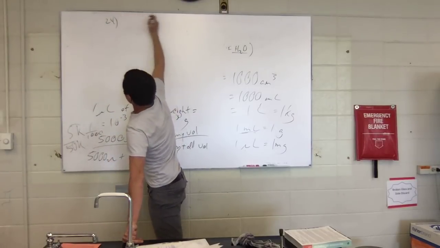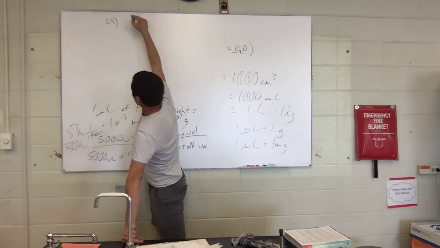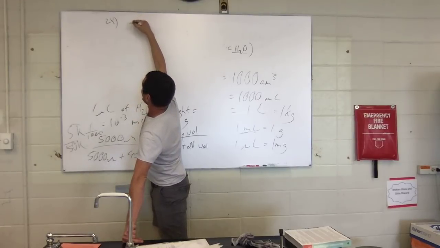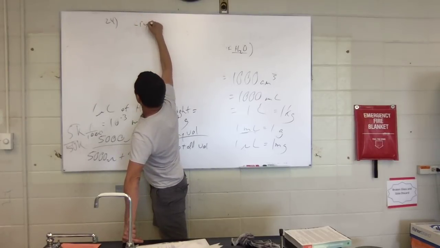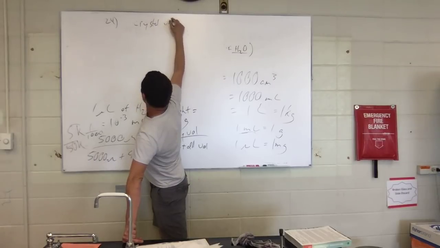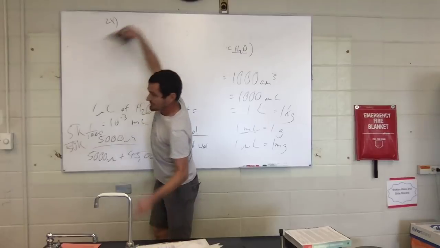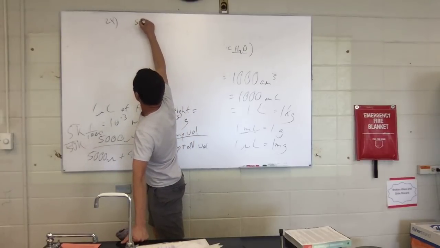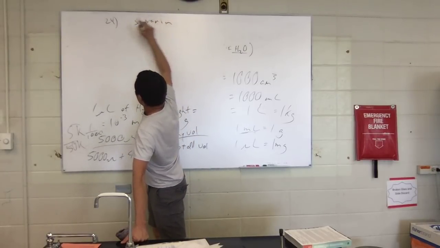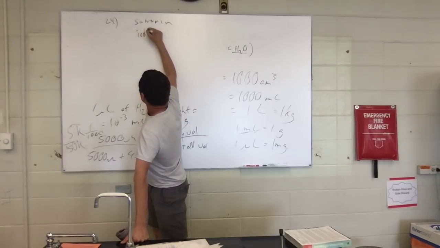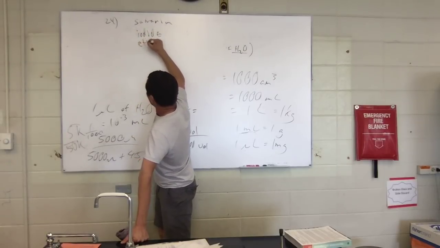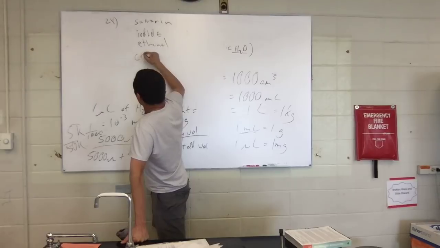Number 24 on the practice test says, what if you did saffron first? It says reversal of the crystal violet and saffron. In that case, first you do the saffron, then the iodide, then the ethanol, and then the crystal violet.